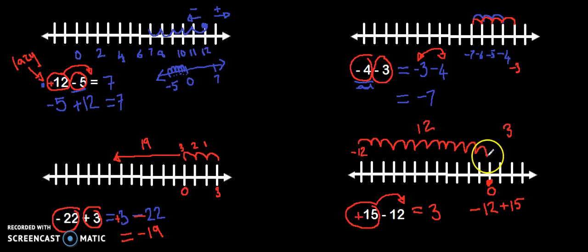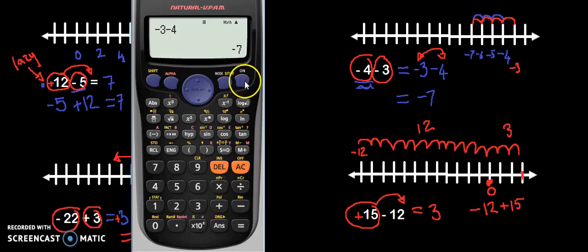So let's move the other 3. 1, 2, 3. What's our answer? 3. Once again, we're going to prove this on the calculator. 15 minus 12 equals 3, but at the same time, -12 plus 15 equals 3.